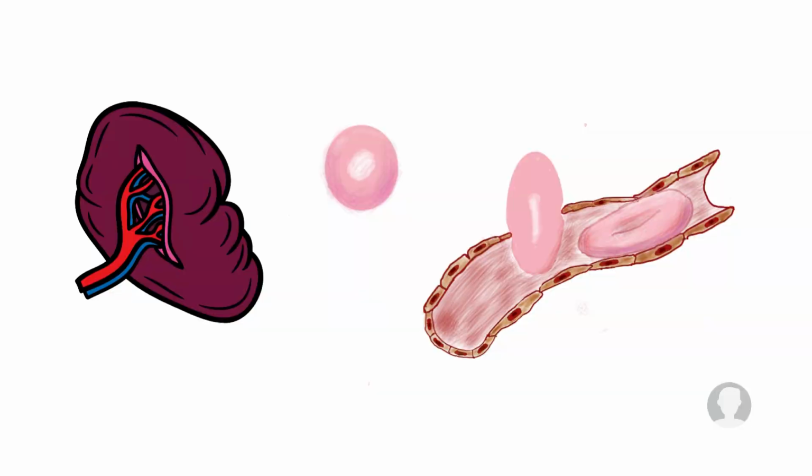Normally, tough, resilient, and flexible red cells squeeze through capillaries and sinusoids of the reticuloendothelial system, which filters out old, senescent, misshapen, or infected red cells, or those with inclusion bodies.